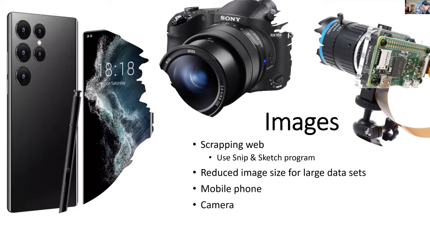It's advisable to reduce the image size, particularly if you're going to start playing with large data sets. Otherwise, it'll slow down the whole process. You can collect the images with a mobile phone or a digital camera. Now, the images that you collect can be used to create the model and also to test the model.